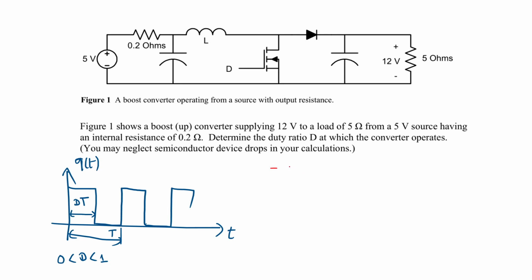When the MOSFET is on, I should call this the MOSFET because this one is also called D for diode, which may be a little bit confusing. Let me just write the diode is off. This is the MOSFET here.